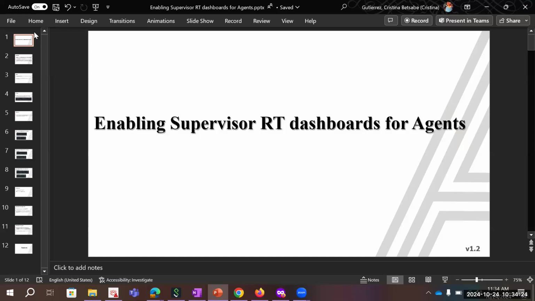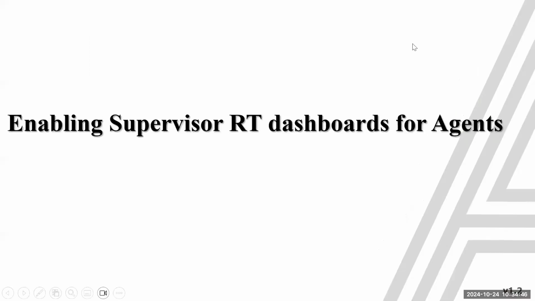First of all, once again, good morning. This is a really simple new feature that you're going to be finding on the AXP tenants. It's basically an option that is going to allow the users to be able to see themselves on the real-time reports.